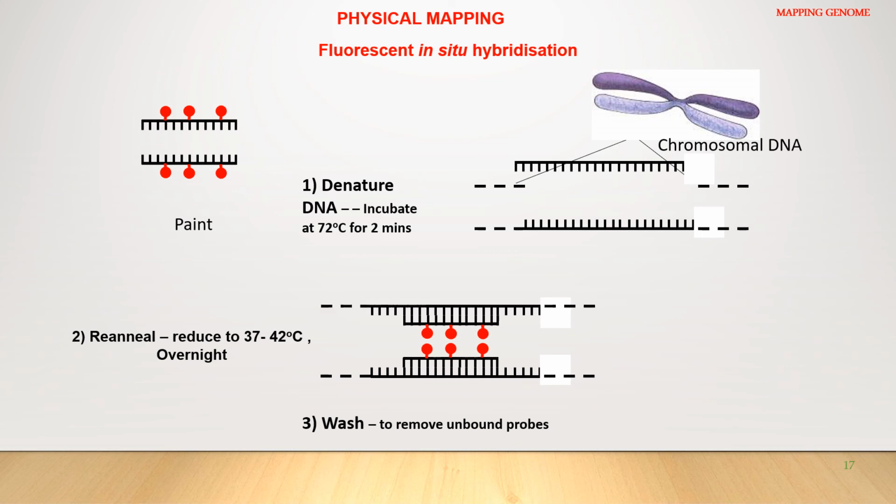The slides are then washed to remove the unbound probes. These are then viewed under a fluorescent microscope to visualize the position of the bound probes on the chromosomal DNA and locate the position of the sequences.